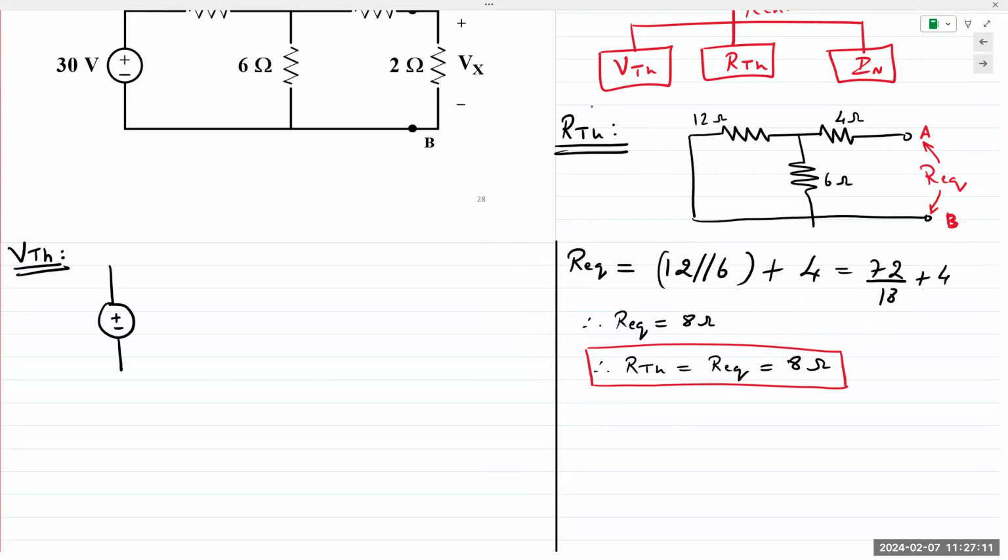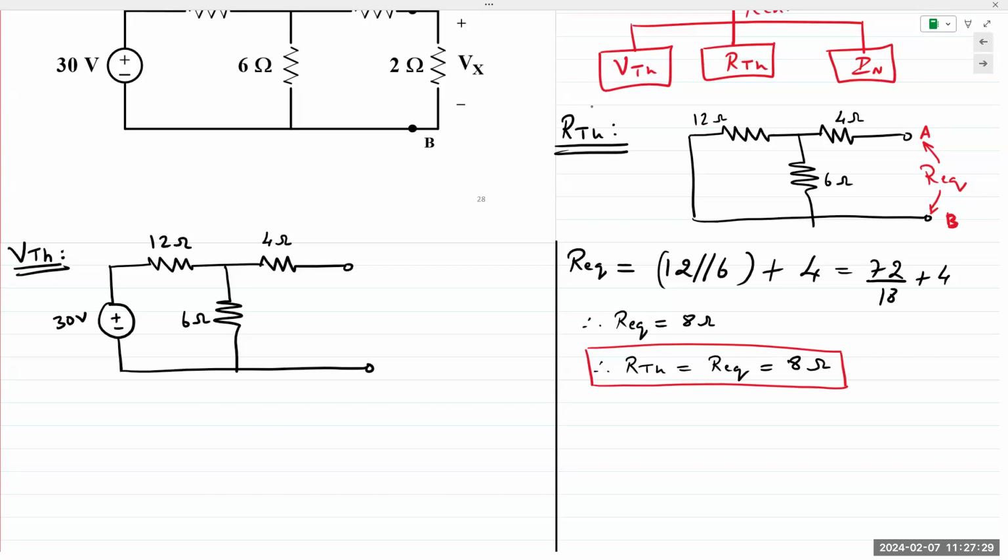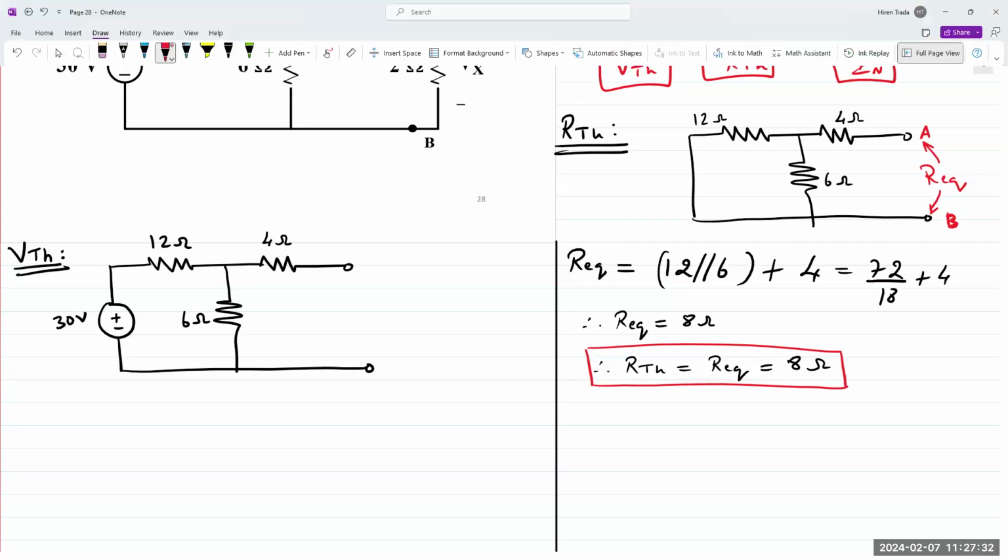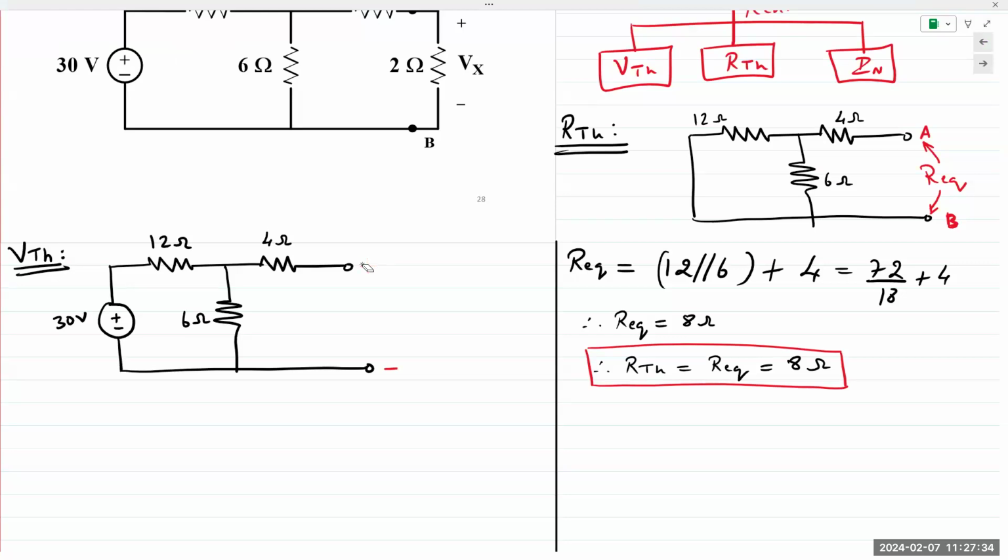We redraw the circuit. This time the source is back in there, of course. And we simply analyze it to find the open circuit voltage at the output terminals. This is A, this is B. Remember the reference polarity we take for the Thevenin voltage analysis, plus up top, minus at the bottom, and we find the open circuit voltage between those open terminals.